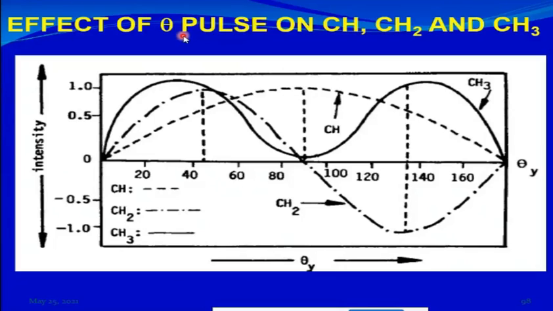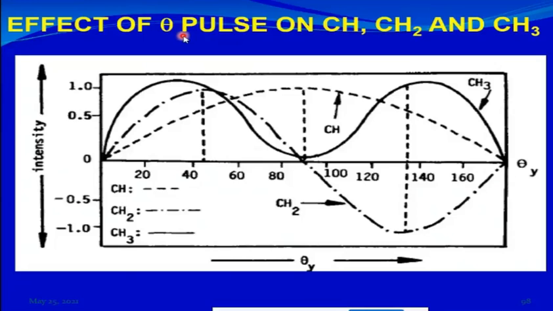This DEPT experiment is used to differentiate between CH, CH2, and CH3 and quaternary carbon. One thing you have to remember is that we do not see any signal for the quaternary carbon in DEPT experiment. The spectrum that I showed you before is known as the broadband carbon-13 spectrum.